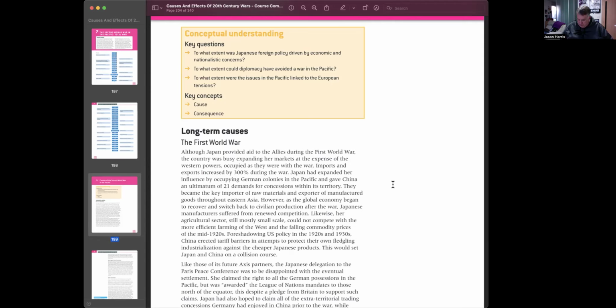Japan had also hoped to claim all of the extraterritorial trading concessions Germany had enjoyed in China prior to the war. So all the kind of special favors that Germany was getting from China, including extraterritoriality. Do we remember that word from like 10th grade?